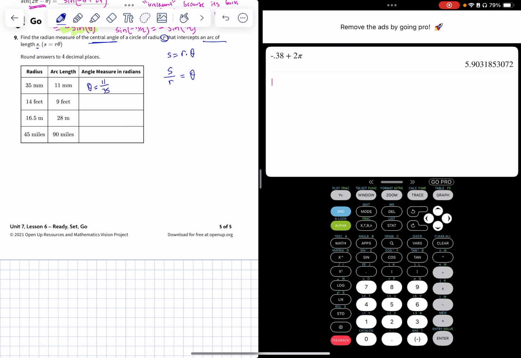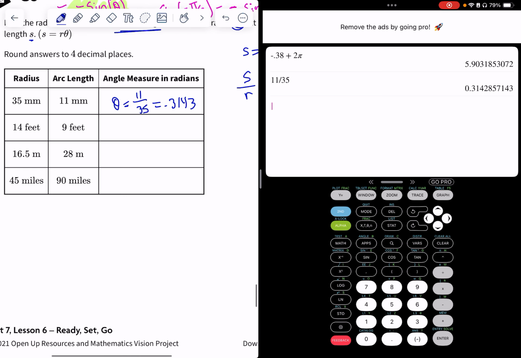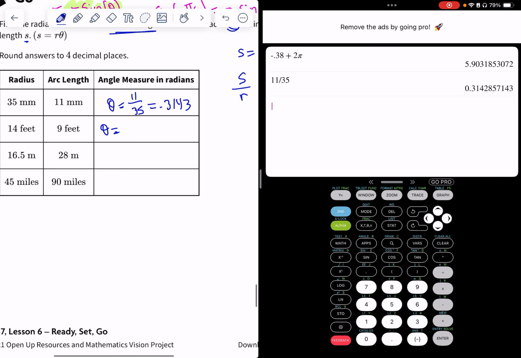So let's do it. 11 over 35 is 0.3143. Here again, theta is equal to my arc length of 9 over 14. 9 over 14 is 0.6429.